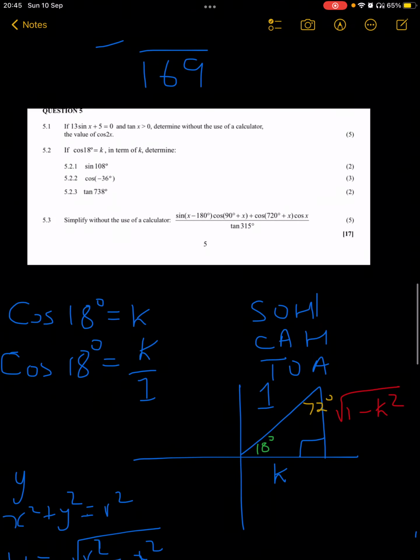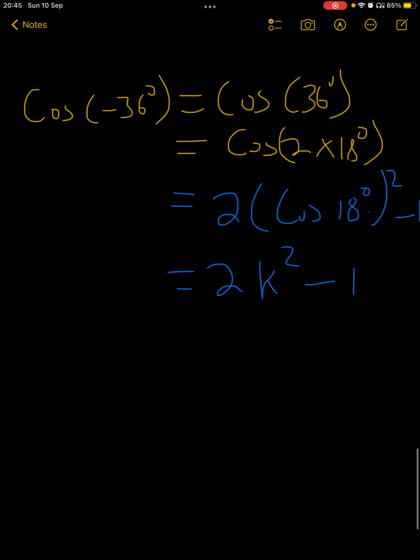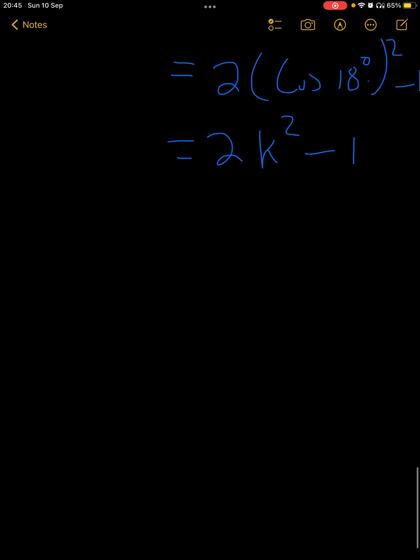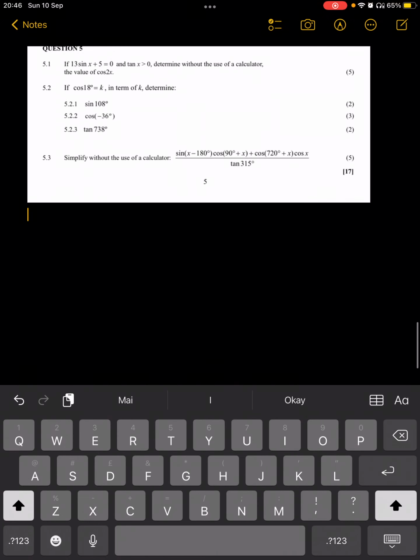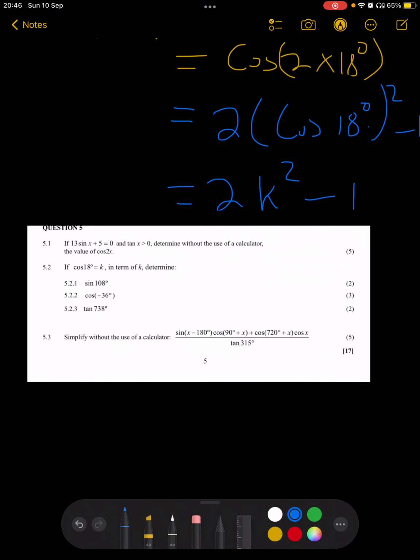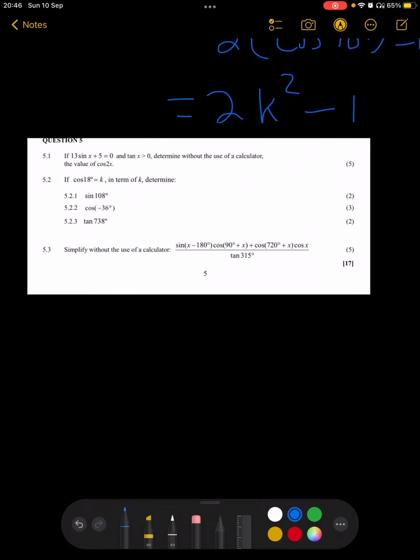Let's check the last one. It is tan 738. Or we can just paste this question again. Tan 738 degrees must be reduced because it's really too much.